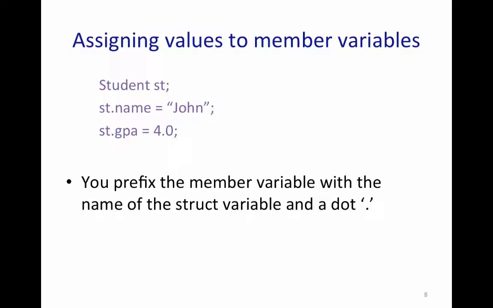That's not enough information anymore. It needs to know the field I want to assign the value to. So you give the name of the variable, and on top of that, the name of the member variable, using dot notation.